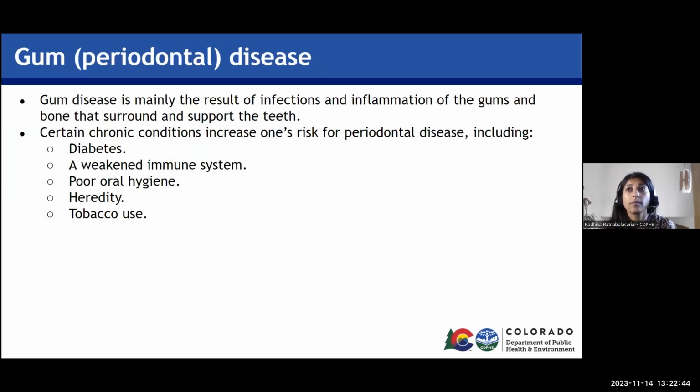In early forms of periodontal diseases that are not treated, the bone that supports the teeth can actually be lost and the gums can become infected. Teeth with little bone support can become loose and may eventually have to be extracted. And one other thing to note here is that taking medications that cause dry mouth can also increase your risk of gum disease. And so dry mouth would then in part increase your risk of cavities and tooth decay. Next slide, please.